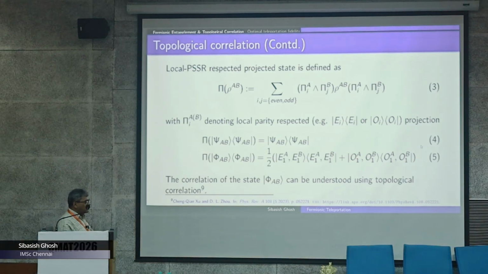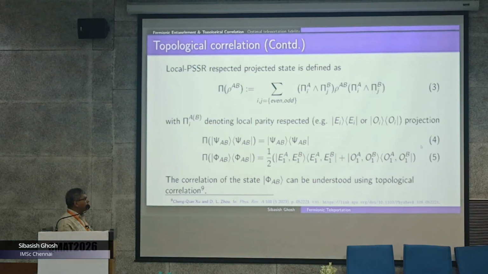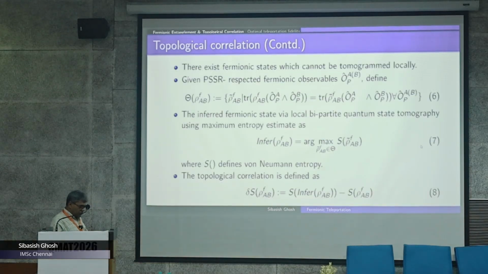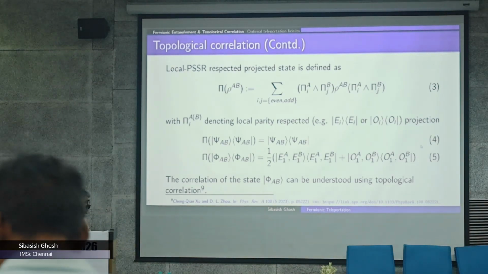So that is why in that sense it is not an entangled state. But this state has some correlation which we call topological correlation, and these kinds of states we will use for teleportation using Majorana zero modes. Once again, these topological correlations are important, for example, for quantum sensing and other things.